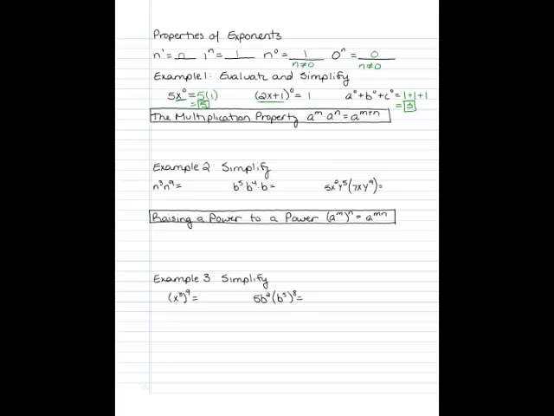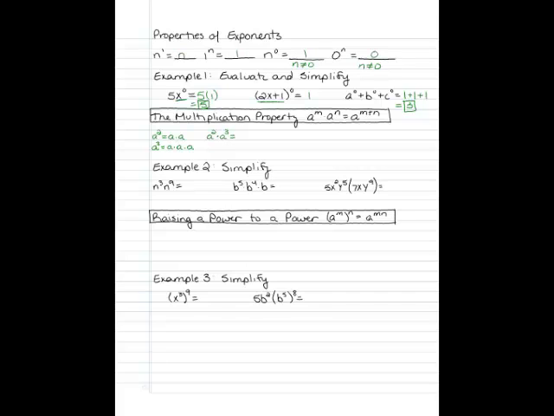So to give you an idea how this works, starting with some examples, if you have a squared, writing this in expanded form, a squared is equal to a times a, and let's also use a cubed. A cubed would be a times a times a. Now what you're going to see in these types of problems will look something like this, a squared times a cubed.